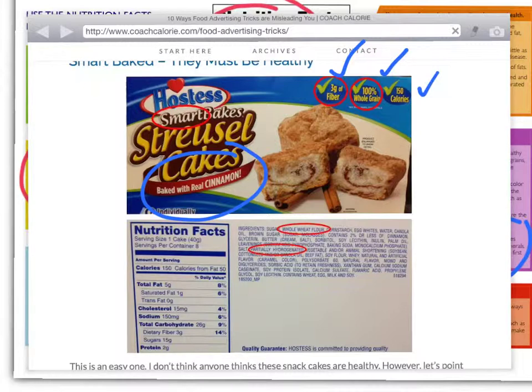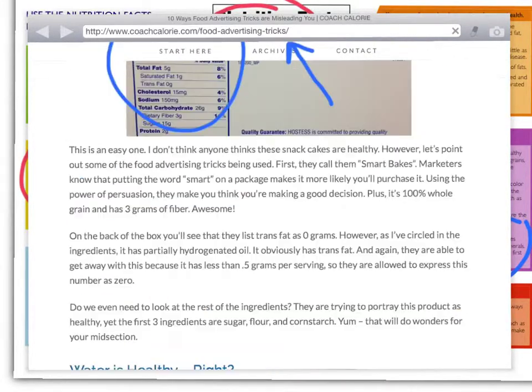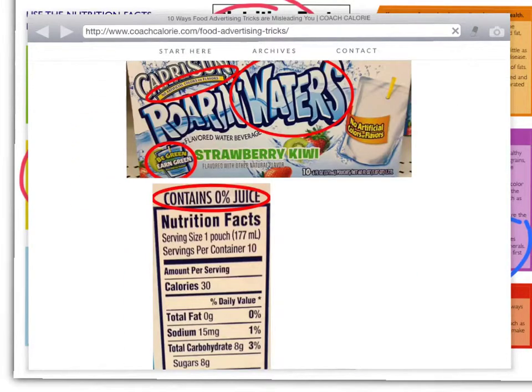It says serving size is one cake. So one little cake is 150 calories. Partially hydrogenated, there's our trans fat. Okay, so marketing is an evil thing sometimes.